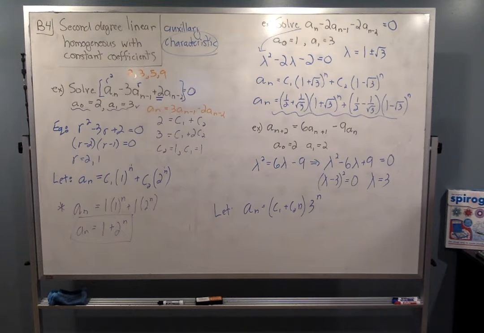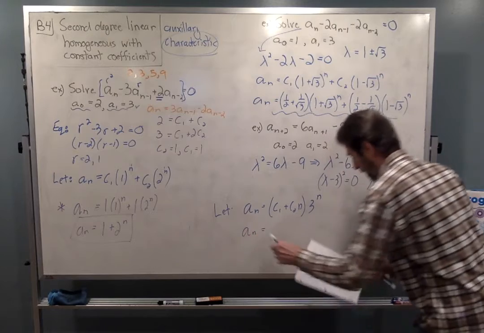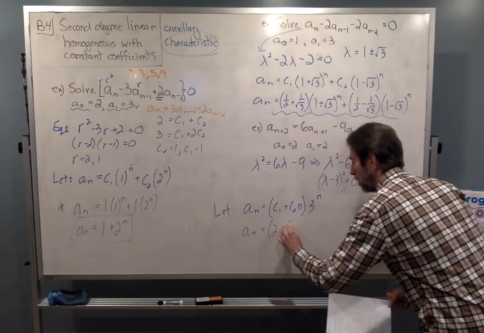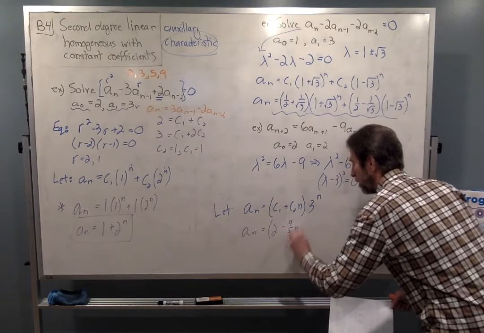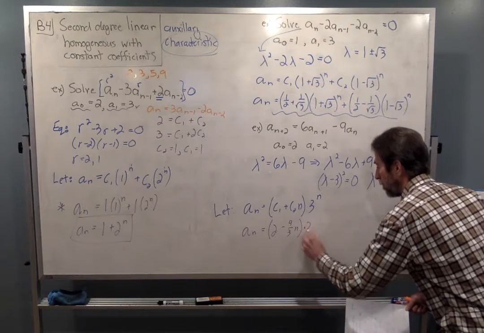And then if we go through that work, it takes a little bit of time, we are going to end up with the nth term being 2 minus 4/3 n times 3 to the n.